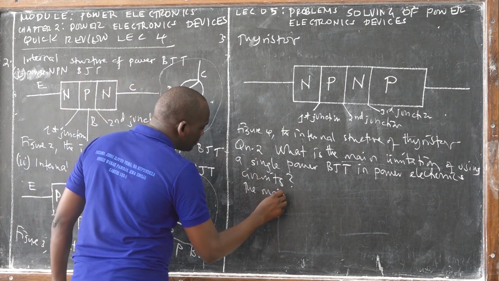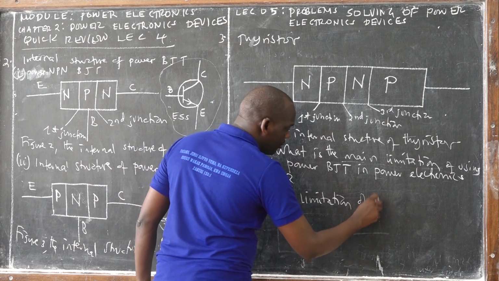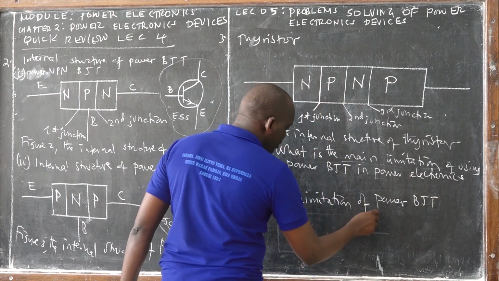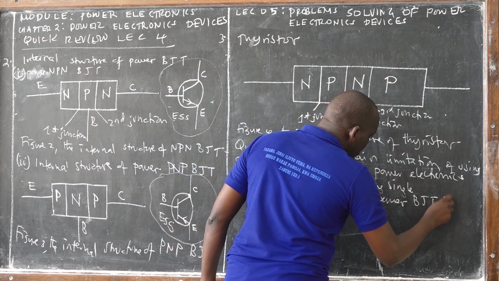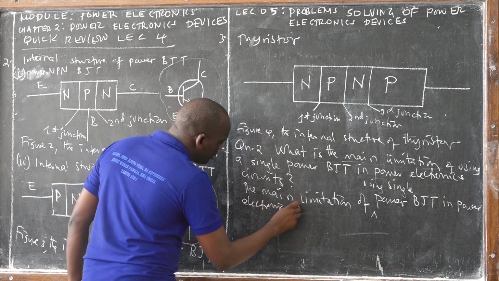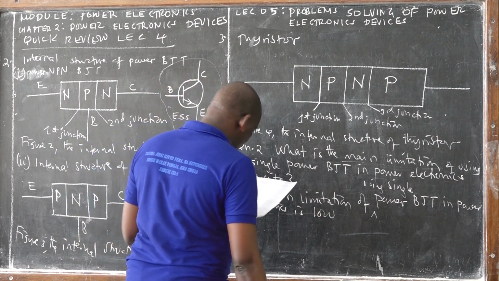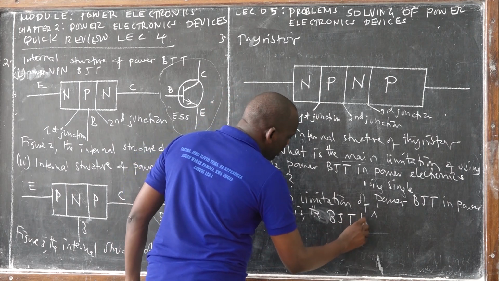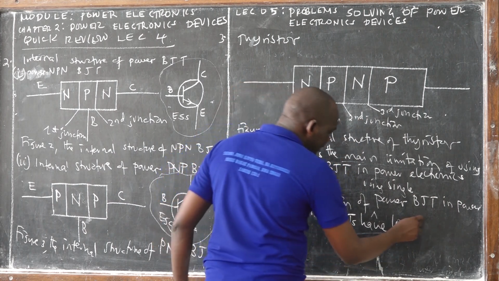The main limitation of using a single power bipolar junction transistor in power electronics is low current gain. BJTs, or bipolar junction transistors, have low current gain.